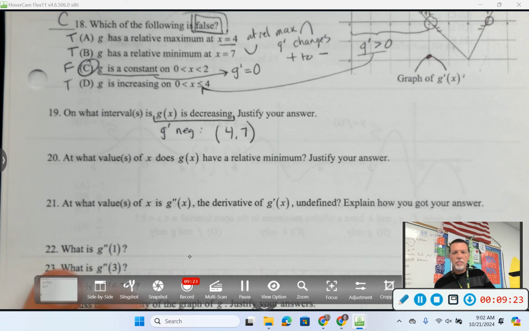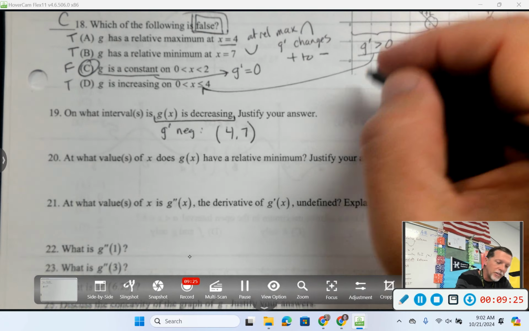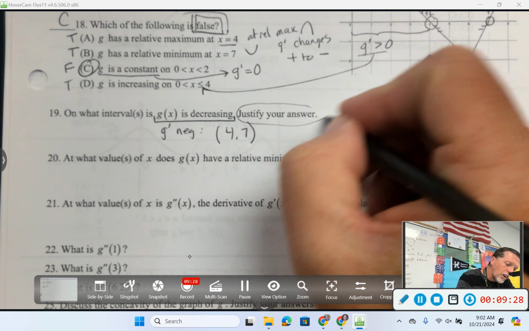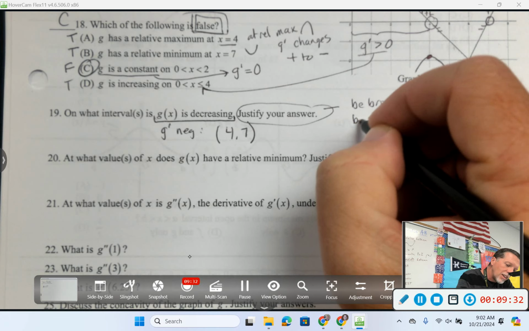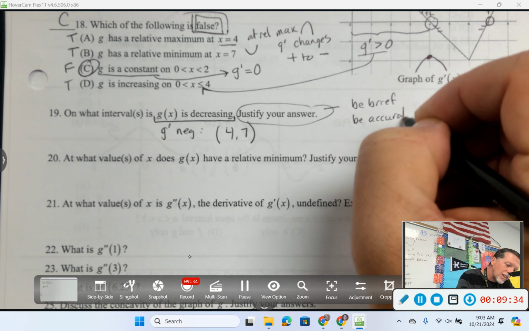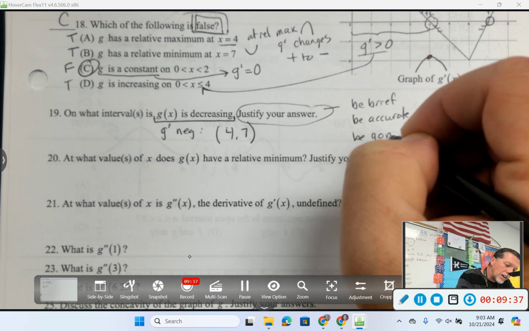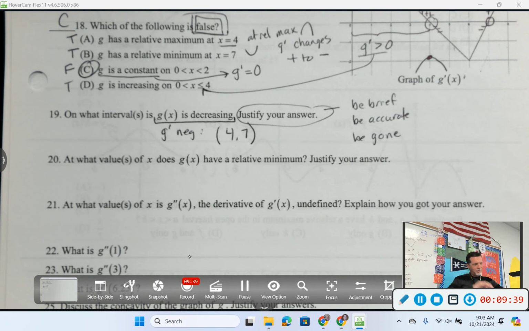One of the Facebook group founders, his rule for justify is be brief, be accurate, and be gone. Say what you need to say and get out.